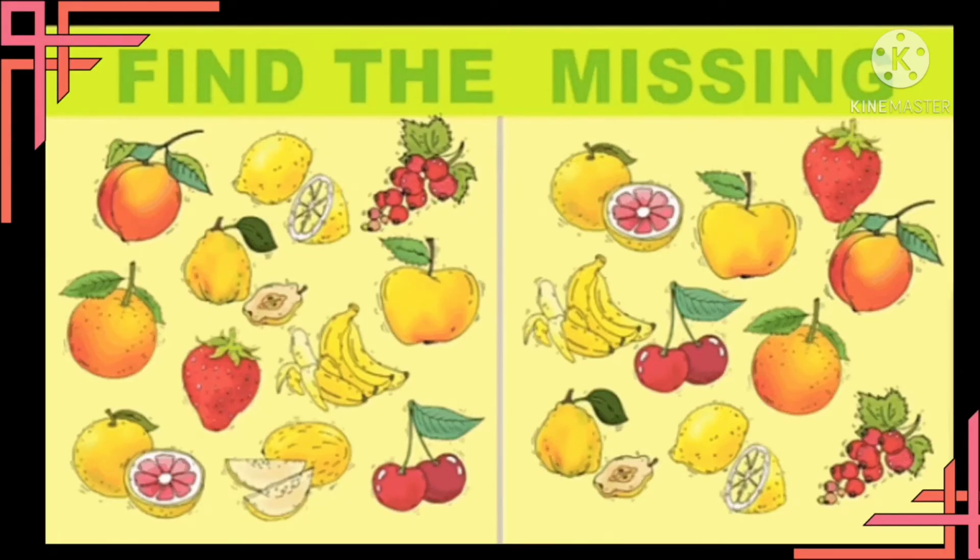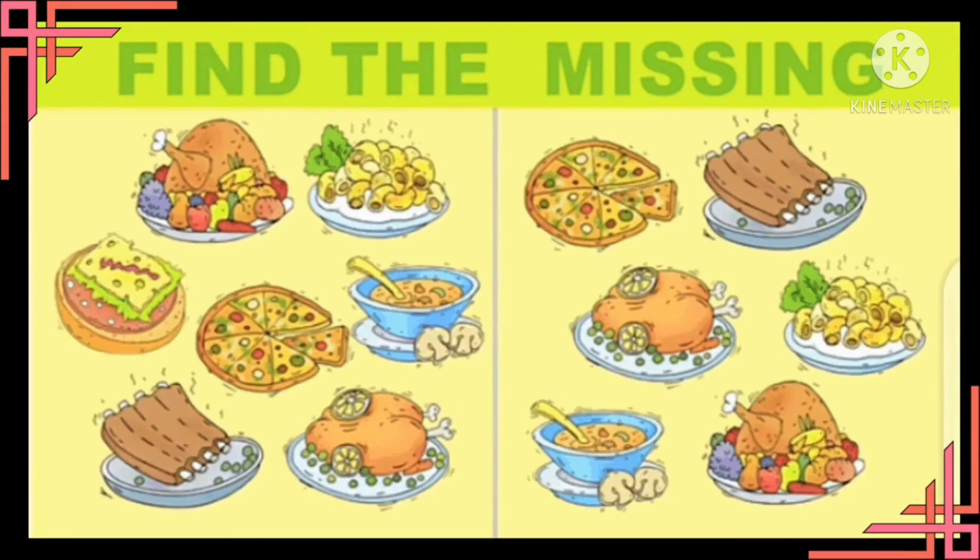Okay? Please take a look at this picture, compare, and find out what is missing. Okay, very good. A melon. Next is, compare the pictures and find out what is missing.